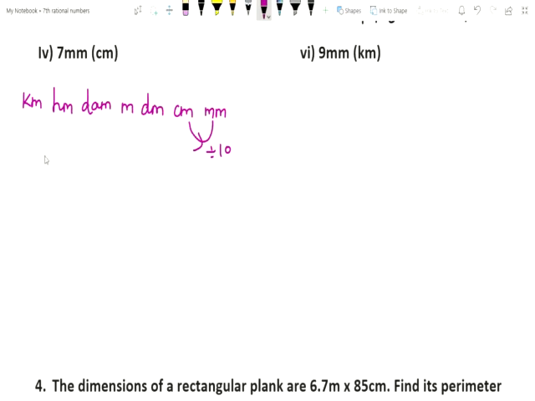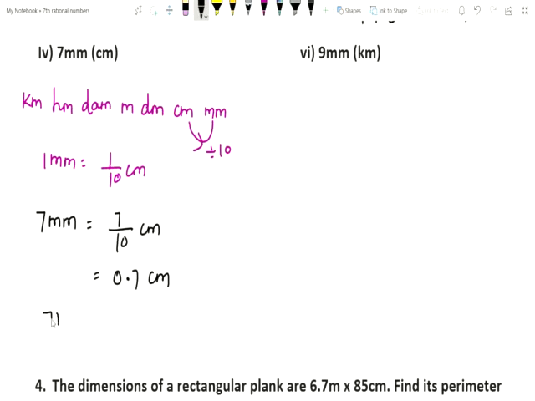So 1 millimeter equal to 1 by 10 centimeter. So 7 millimeter equal to 7 by 10 centimeter. Here 1 zero is there, so 1 decimal we want to keep. So 7 millimeter equal to 0.7 centimeter.